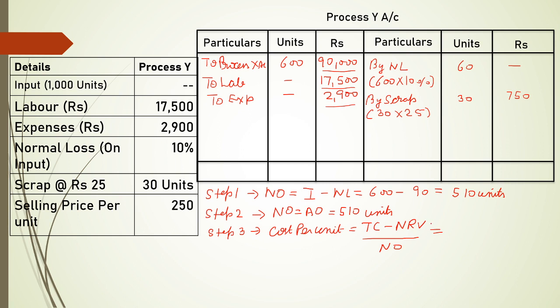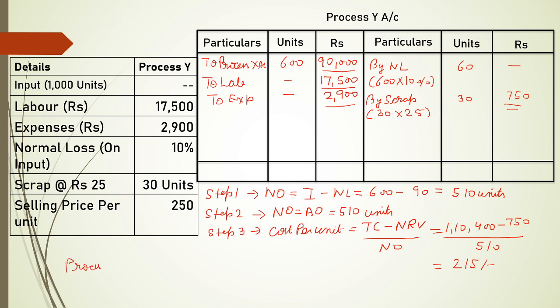So our total cost here is 1,10,400 minus net realizable value, that is the sale value of scrap, which is 750 rupees, divided by normal output, that is 510 units. So our cost per unit of process Y is 215 rupees per unit.